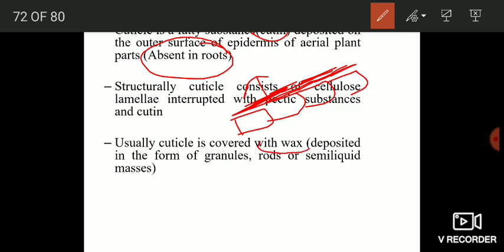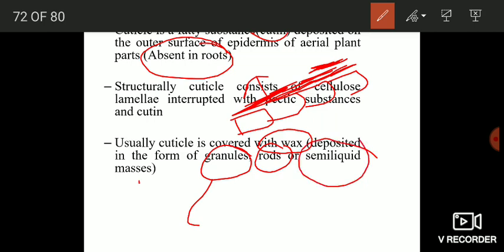Wax is the additional covering, it covers this cuticle. This wax is deposited in the form of granules. You can find wax in the form of granules or rods, or in some cases the wax is in the form of semi-liquid masses on the surface of cuticle.